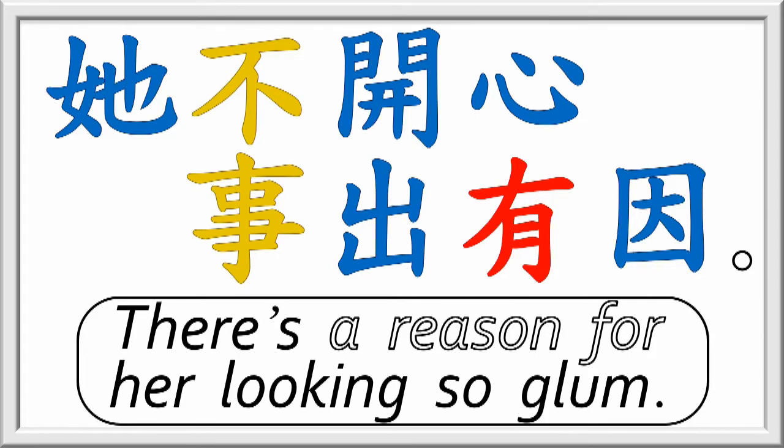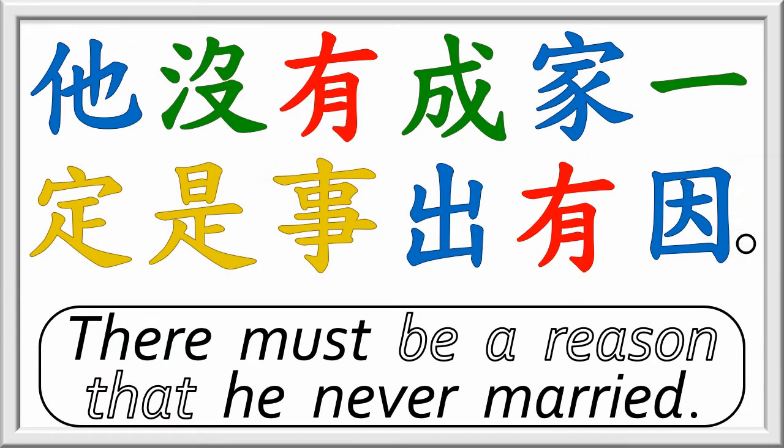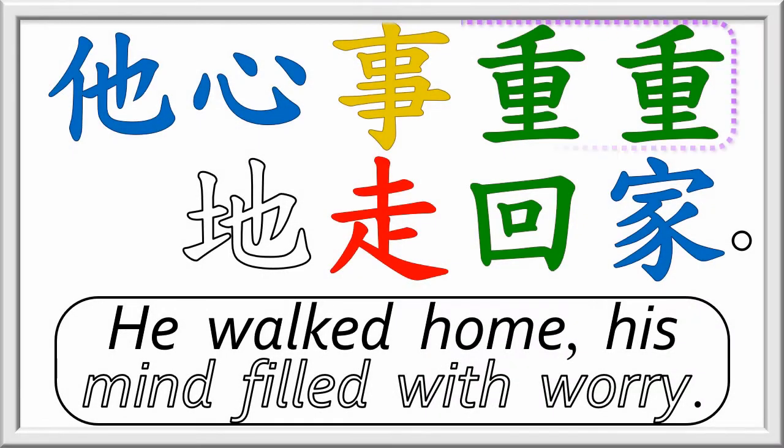Or, there's a reason for her looking so glum. 她没有成家, 一定是事出有因. There must be a reason he never married. Perhaps he never found his soulmate. Another idiom is 心事重重, to describe a person burdened with troubles. 他心事重重地走回家. He walked home, his mind filled with worry.